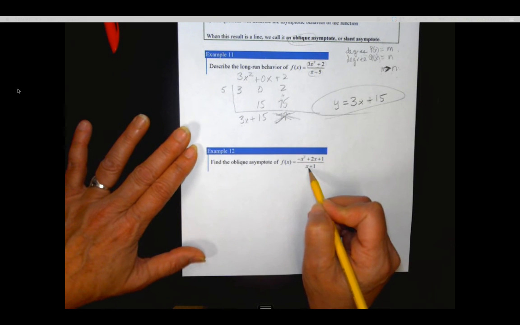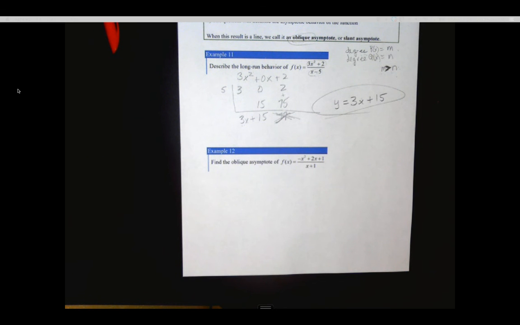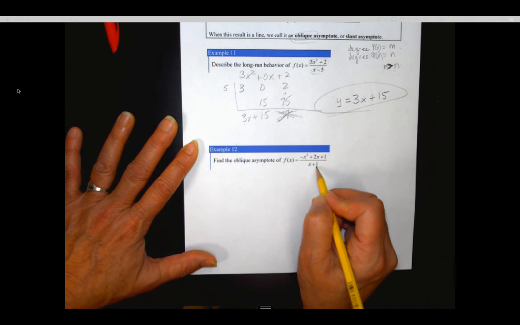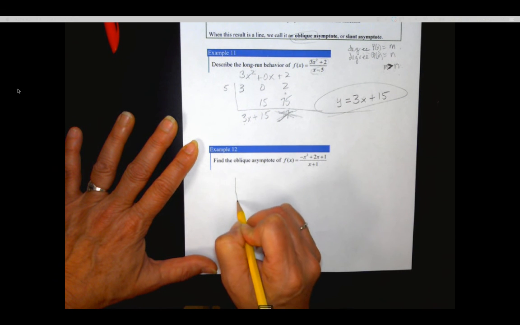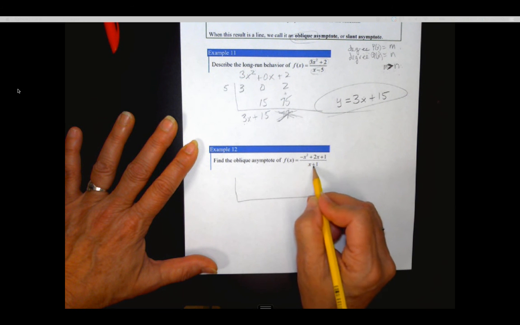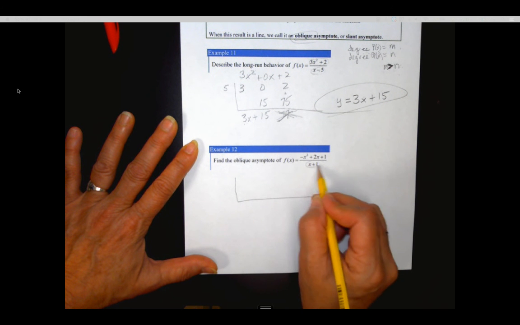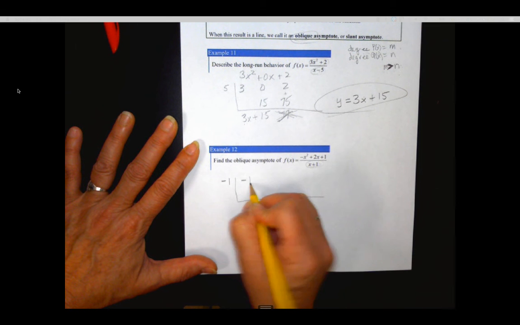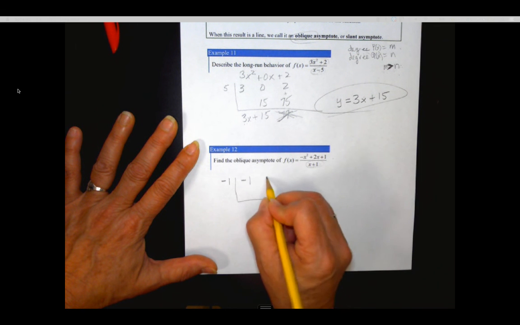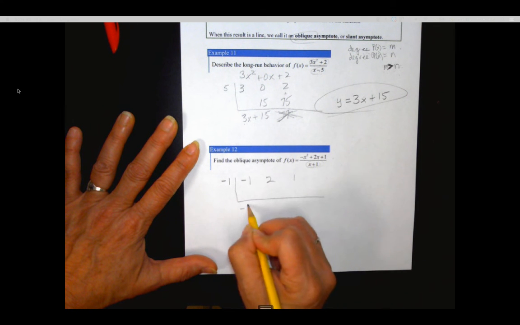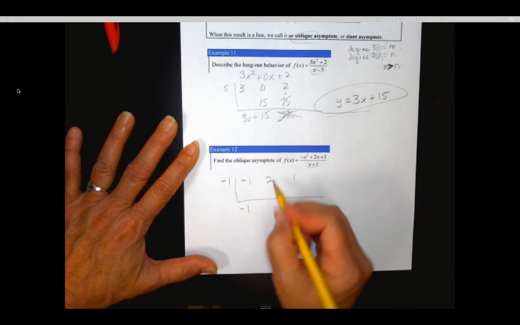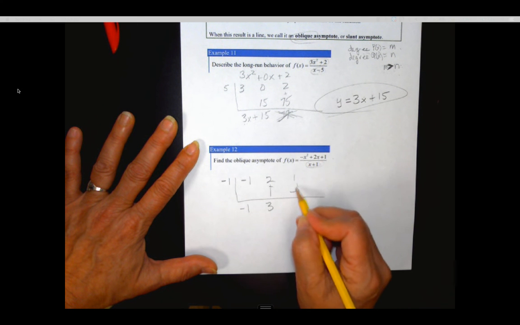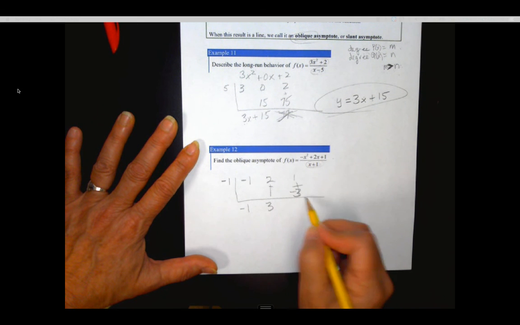Okay, so let's try another one. On this one, again, I'm going to set up my synthetic division. Since I'm dividing by x plus 1, this is going to be negative 1. So my first coefficient is negative 1. I have all my terms this time, 2 and 1. Drop the first term, multiply, add, multiply, and this I don't care about.